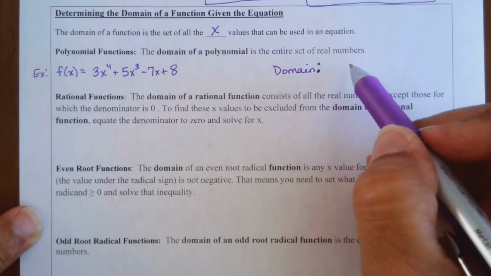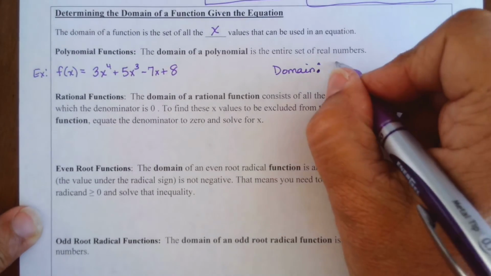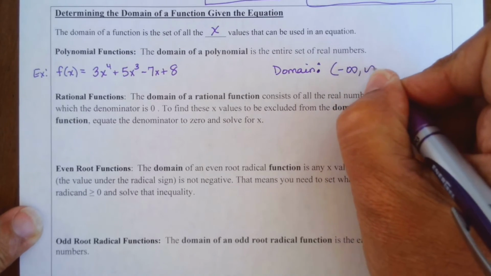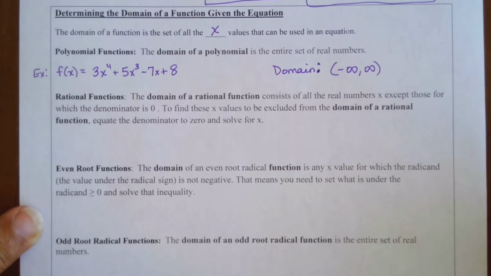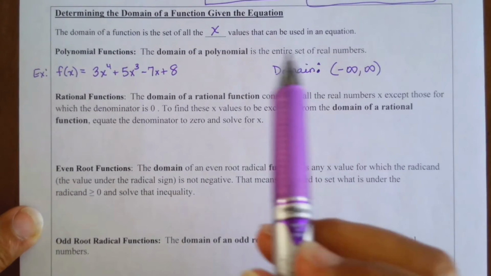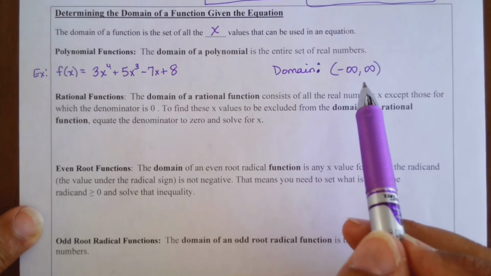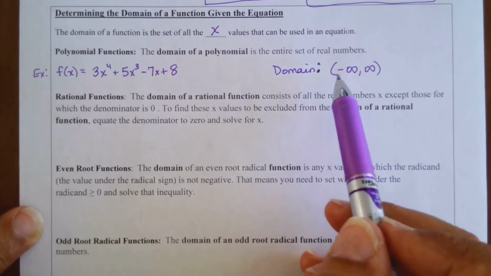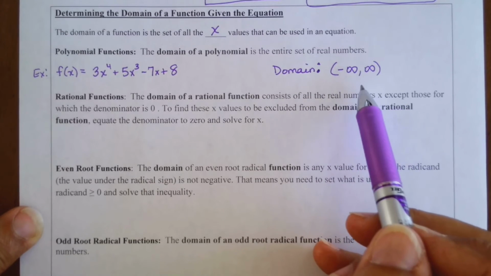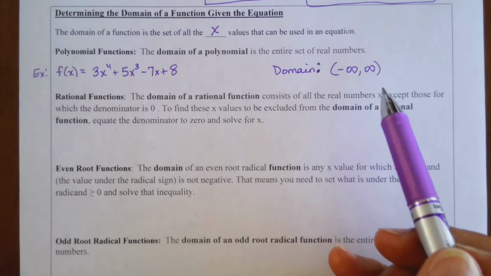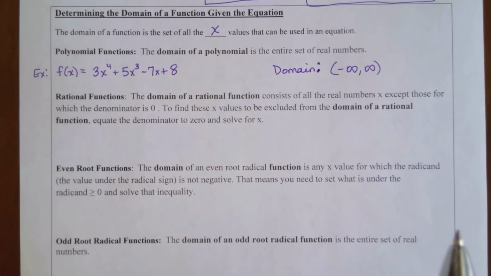So how do I write the set of all real numbers in interval notation? That would be from negative infinity to infinity. Okay? This is how we write everything in here, so please make sure this is called interval notation. And again, all of that is on Canvas under your prerequisite skills, things you should know before you come to class. So please make sure you can do that.